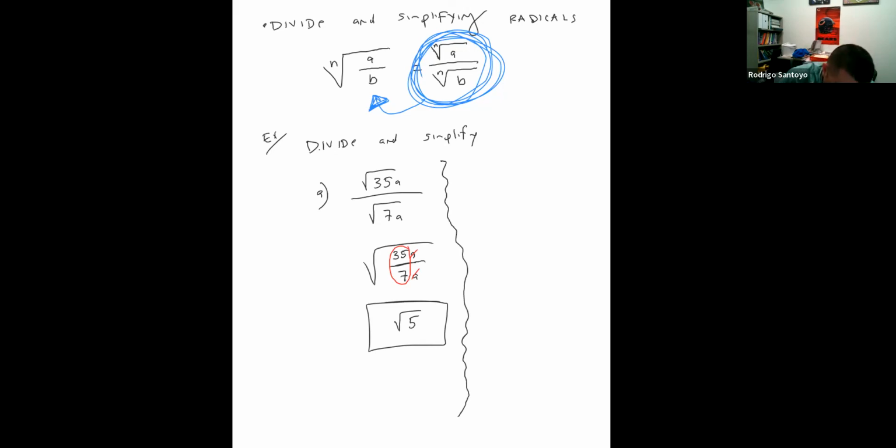Well, what about example B? Square root of 64y to the power of 7 over x to the power of 8.